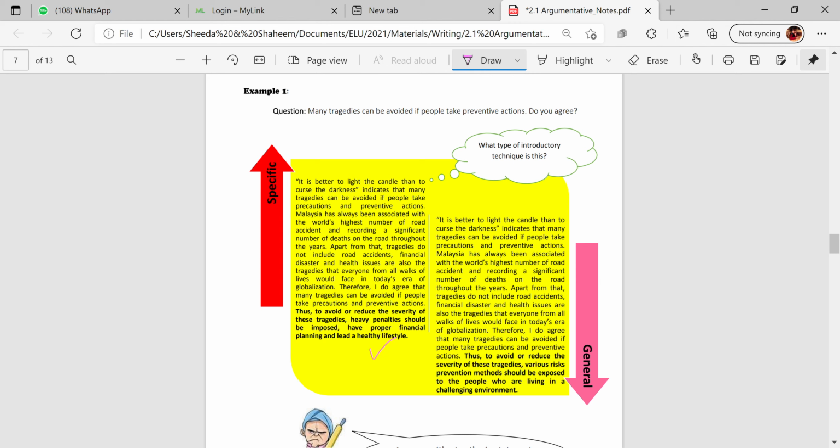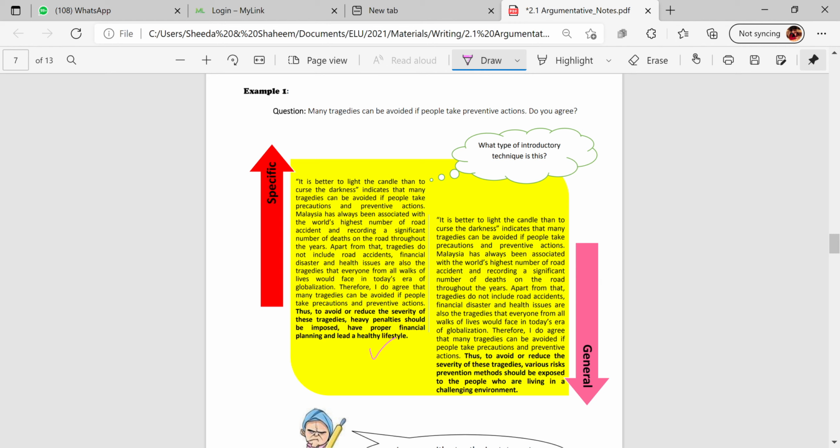The introduction is the same except for the thesis statement, which is, thus to avoid or reduce the severity of these tragedies, heavy penalties should be imposed, have proper financial planning, and lead a healthy lifestyle. Okay, so as you can see, there are 3 specific points here. Heavy penalties should be imposed, point 1, have proper financial planning, point 2, and lead a healthy lifestyle, point 3. So that is 3 points specifically indicated in the thesis statement.